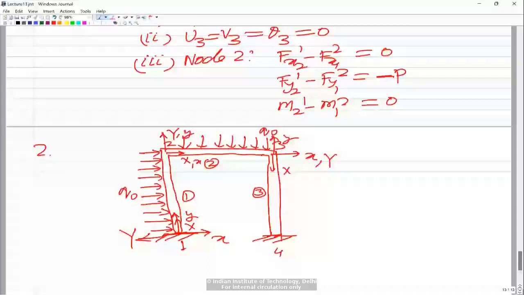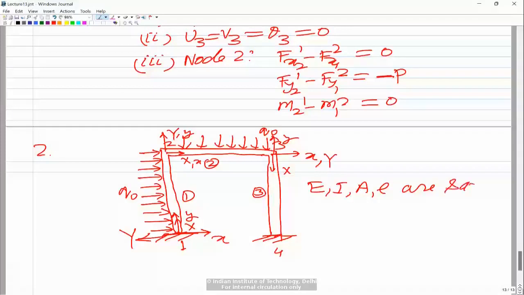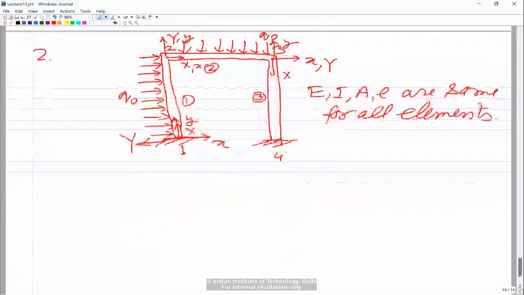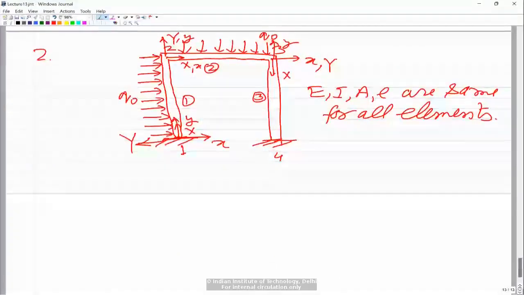You will see that E, I, A and L are the same for all elements, and you are discretizing this whole thing into one element each. So there are a total of three elements.